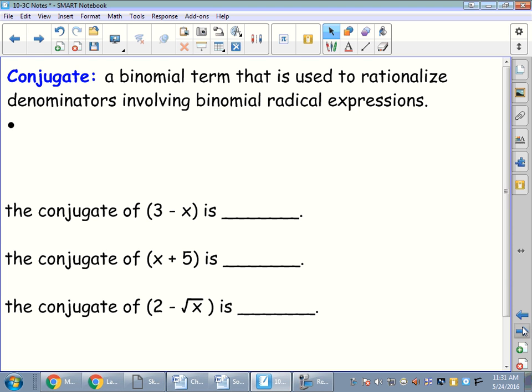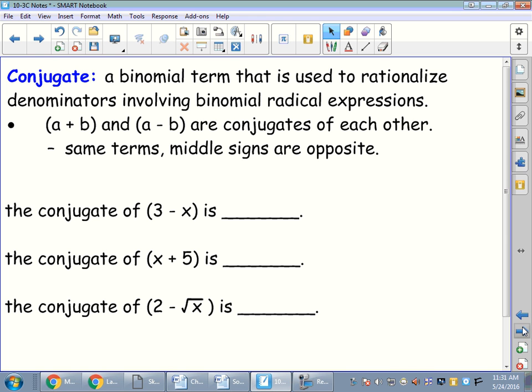A conjugate is a binomial term, and it's used to rationalize denominators involving binomial radical expressions. So when you have a radical in the denominator that is a binomial, you use a conjugate to get rid of it. To give you an idea, if a plus b, that's a binomial, is the original, a minus b is its conjugate.